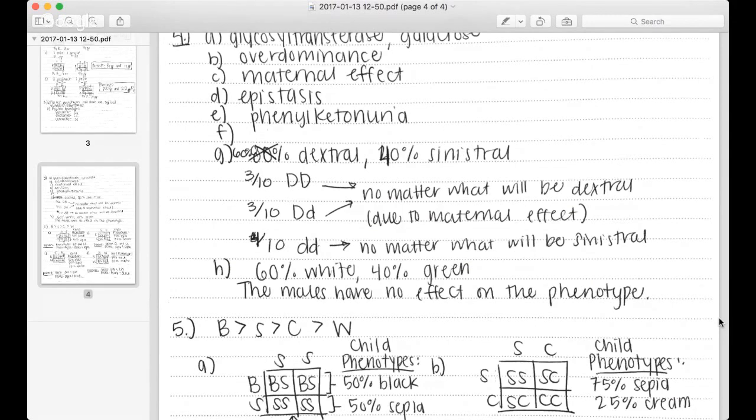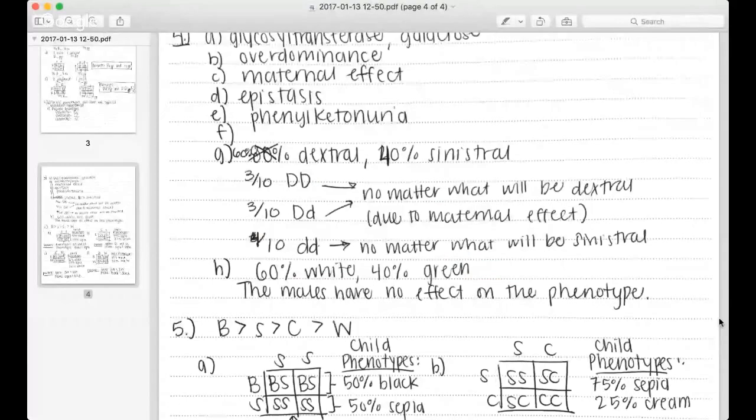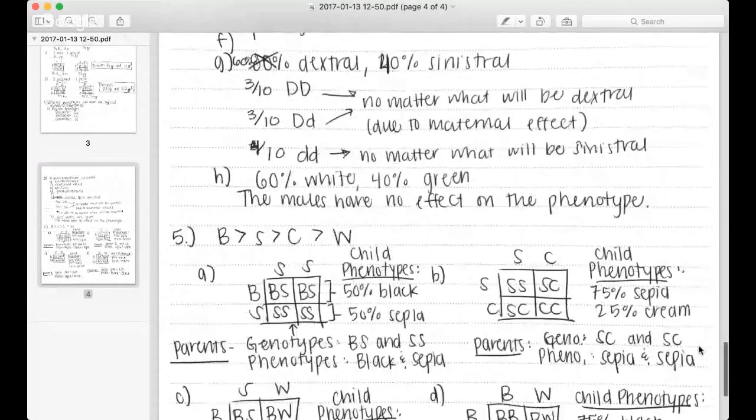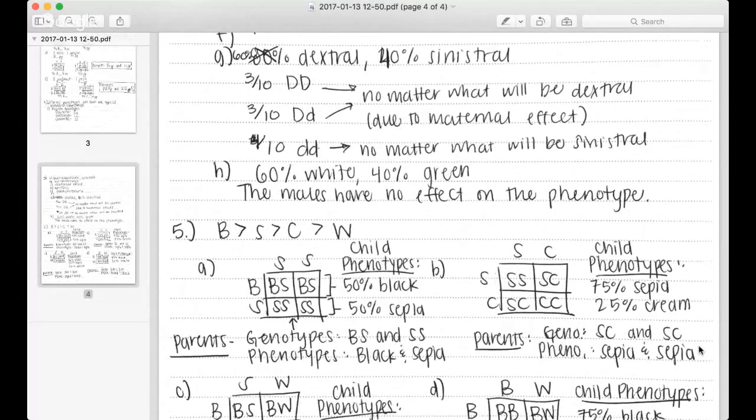Okay, so G, because of the maternal effect, no matter what the phenotype was in the moms. Like I said earlier, no matter which way it is. So 60% dextral, 40% sinistral.